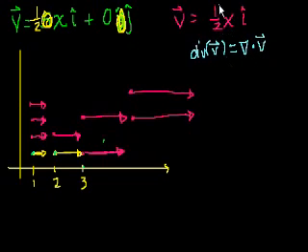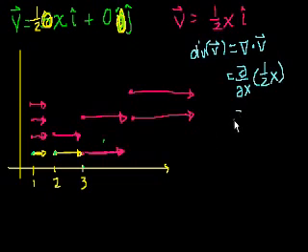But we only have one dimension, so it's the partial derivative of the x magnitude with respect to x. So it's equal to the partial derivative with respect to x of 1/2 x, which is just equal to 1/2. So the divergence of this vector field at any point is 1/2.